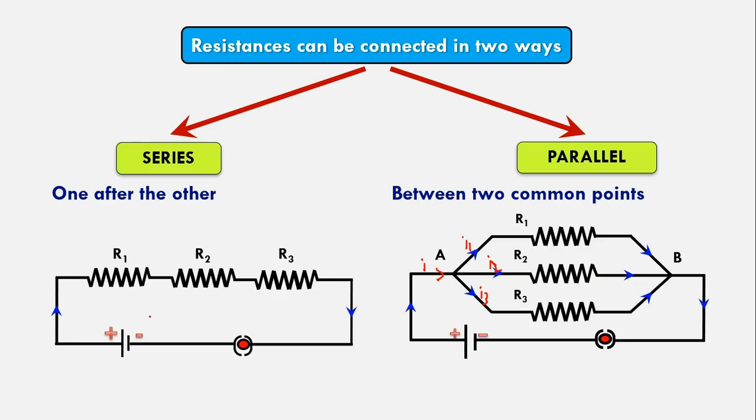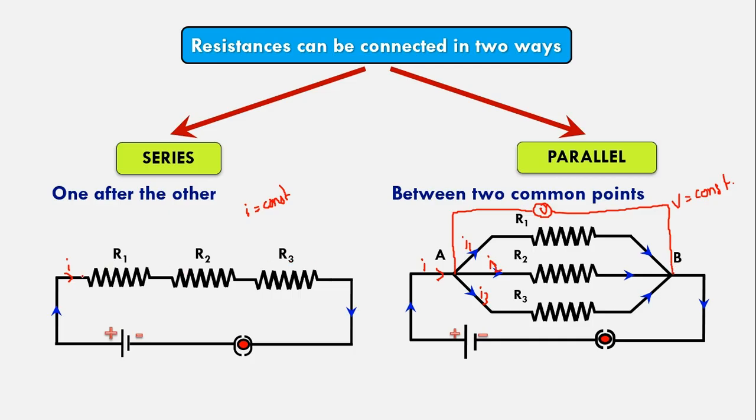In the series case, the current I flows through all the resistors one after the other. So in a series connection, I is constant. In a parallel connection, V is constant: the potential difference between point A and point B is constant.